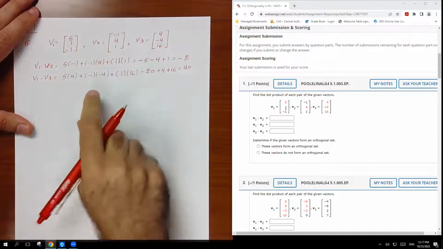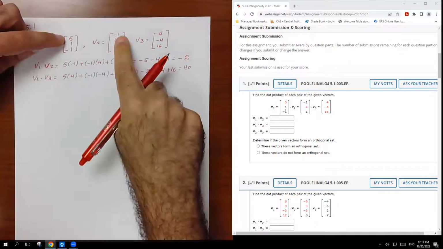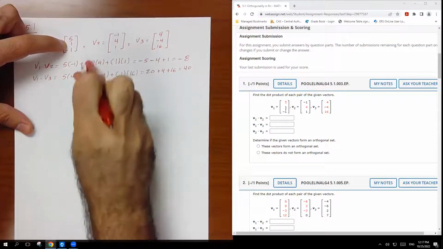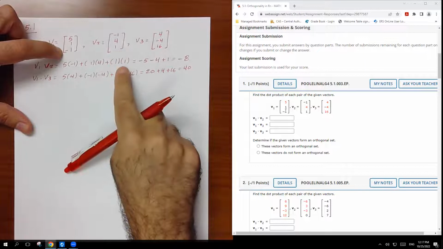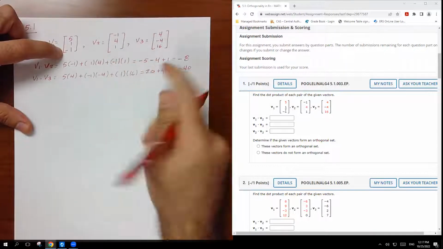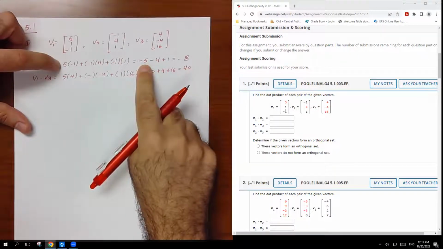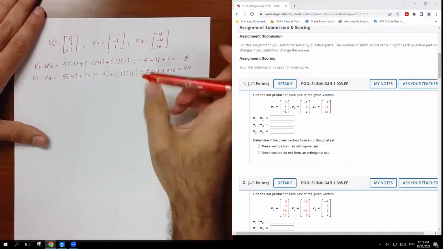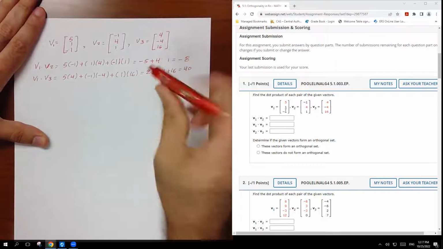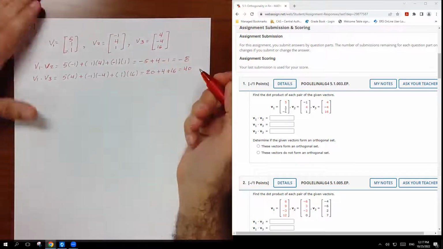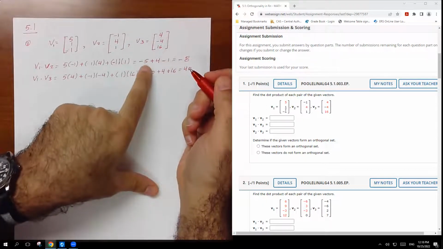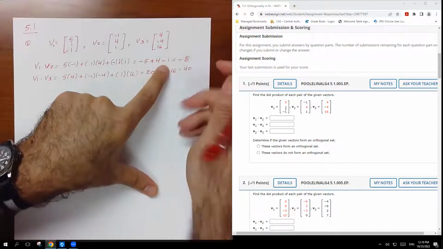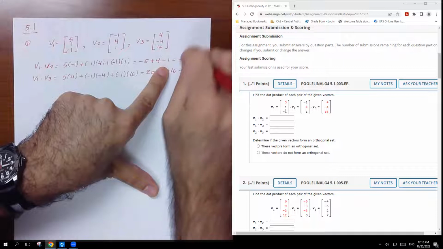So v1 is 5, 1, -1 and v2 is -1, 4, 1. That means 5 times -1, 1 times 4, and -1 times 1. So in this case, it's going to be -5 plus 4 minus 1, and -5 plus 4 is -1, minus 1 is -2.